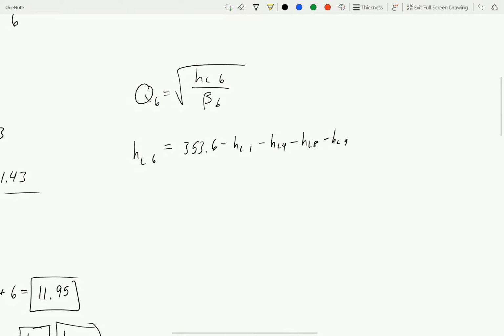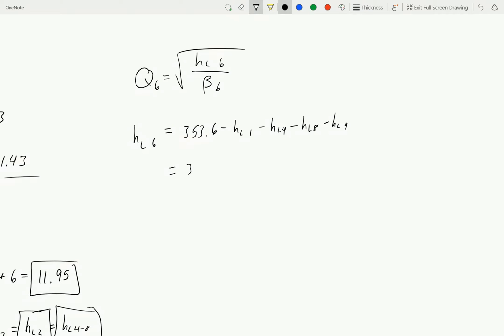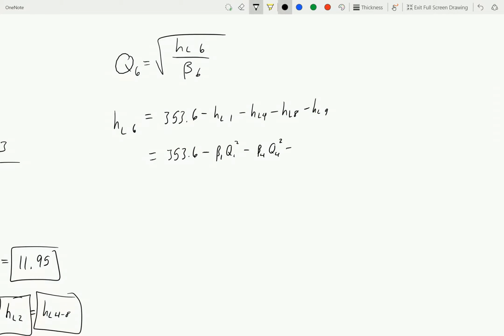And if we expand these, we have beta 1 Q1 squared minus beta 4 Q4 squared minus beta 8 Q8 squared, minus beta 9 Q9 squared.